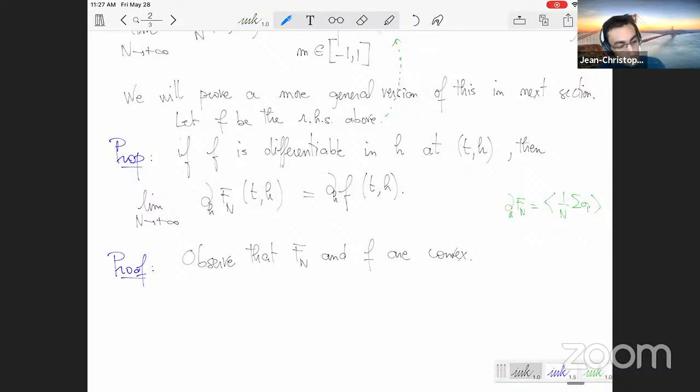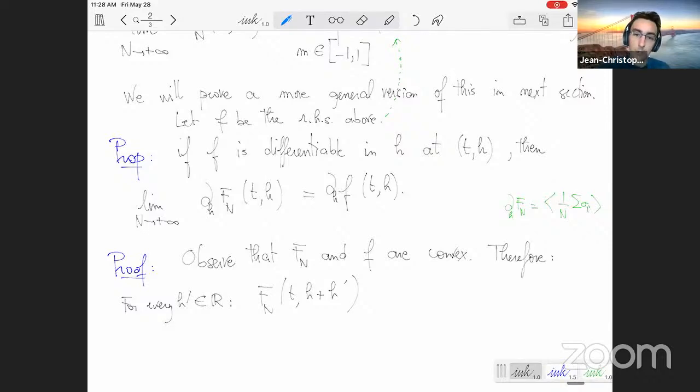So because the functions are convex, I can write for every h prime, Fn of th plus h prime, I'm going to look at what happens in a neighborhood of h, so I'm going to move it by h prime.